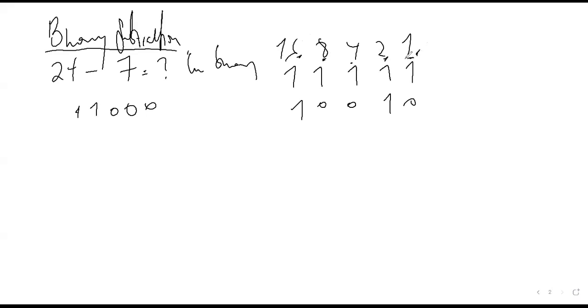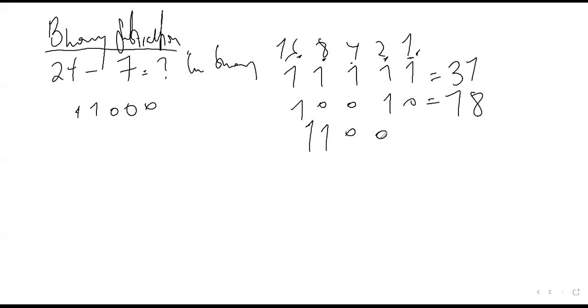So 1 1 1 1 1 is 16 plus 8 is 24, plus 4 is 28, plus 2 is 30, plus 1 is 31. Is this correct? 3, 7, 15, 31. So this is 31. What is 1 0 0 1 0? It's 16 plus 2. This is 18.